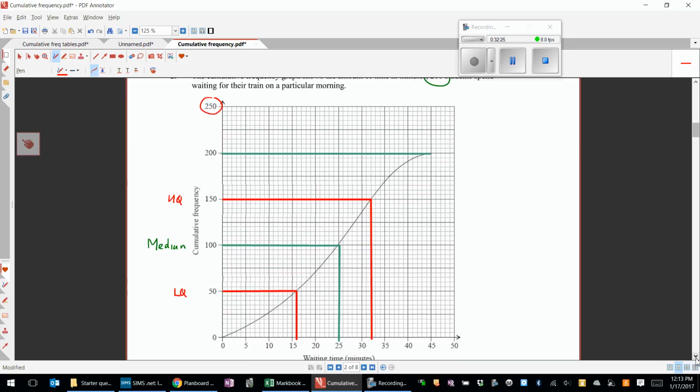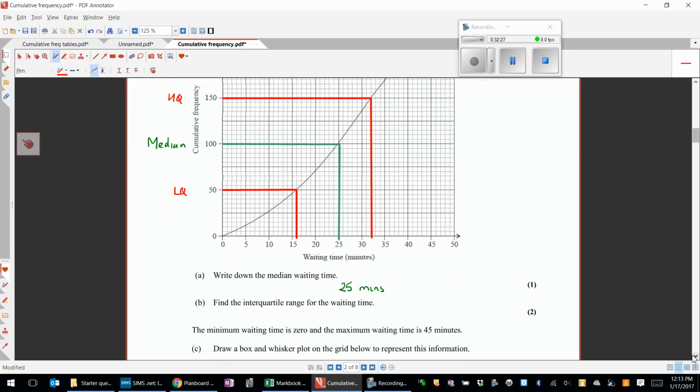So, interquartile range, we've got, what's that value? 16, after that. And we've got the upper quartile, which is 32. So the interquartile range is 32 minus 16 is 16. 2 marks for that. You lose one of them if you only write 32 to 16. Okay.